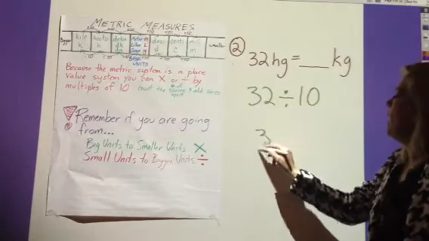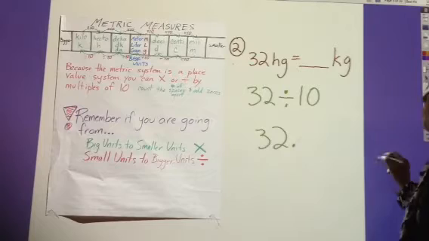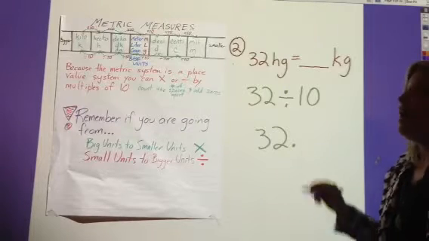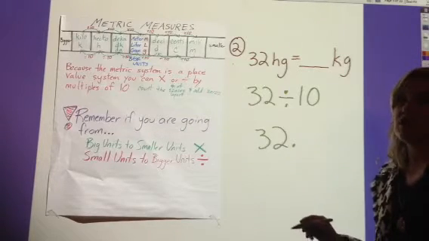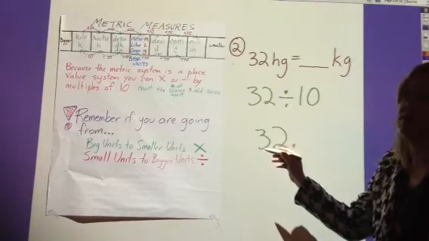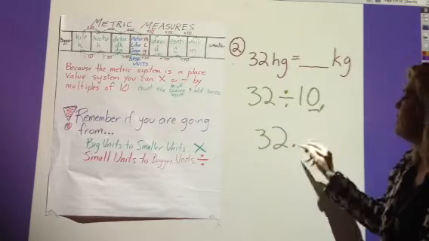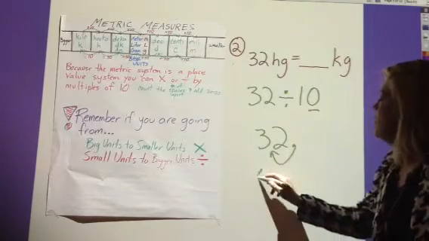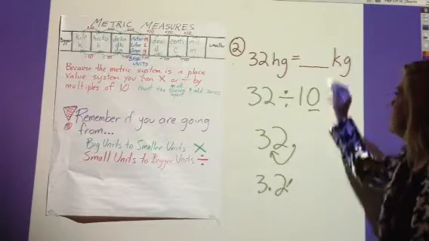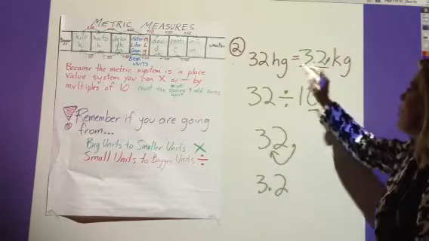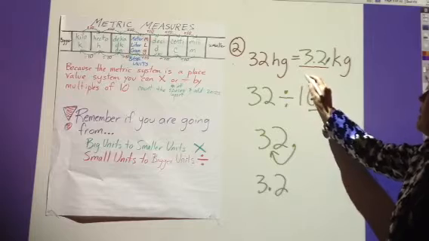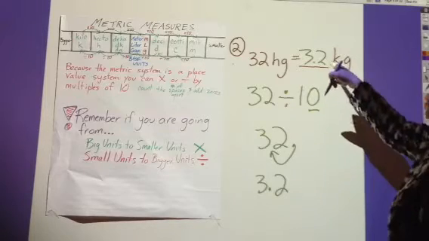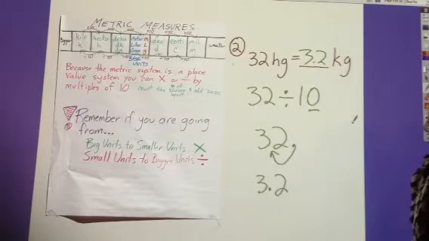We talked about how, because it's a place value system, I'm dividing. My answer is going to be smaller. That's how I know to move the decimal this way. I have 1 0. I move it one spot. My answer is 32 hectograms is 3 2/10 kilograms.